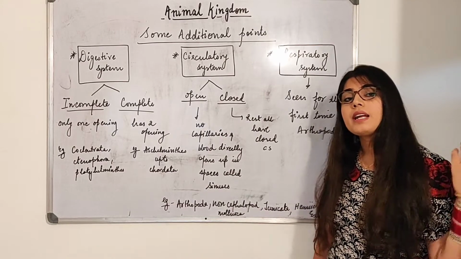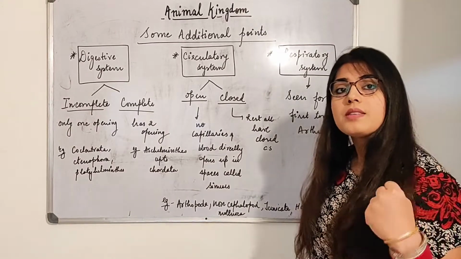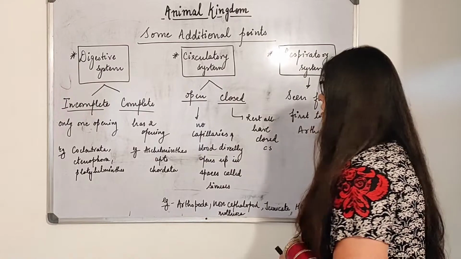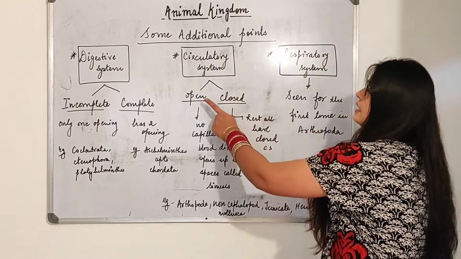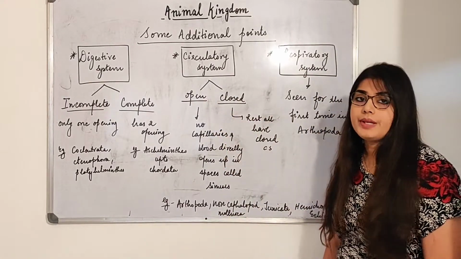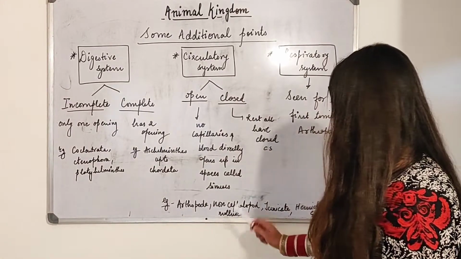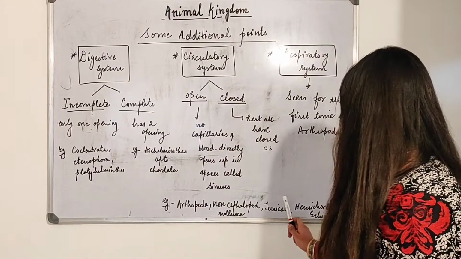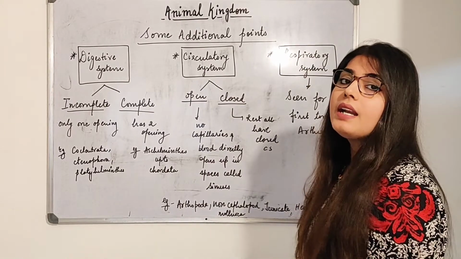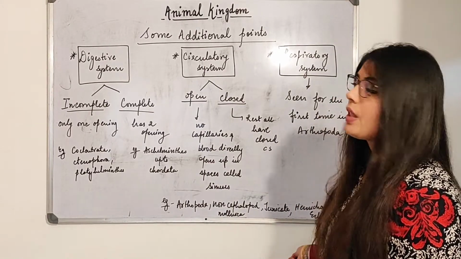The blood directly goes into the open spaces called the sinuses. That is the reason this is known as the open circulatory system. Examples are Arthropoda, non-cephalopod Mollusca, and Tunicata, Hemichordata and Echinodermata.